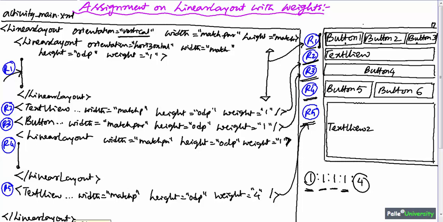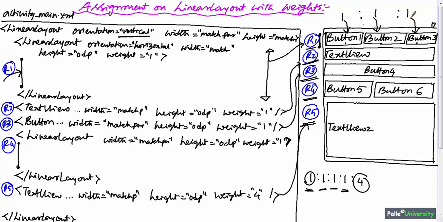If you observe the first row, it contains 3 buttons. If you observe carefully, the widths of the buttons are equally proportionate, that is 1:1:1.